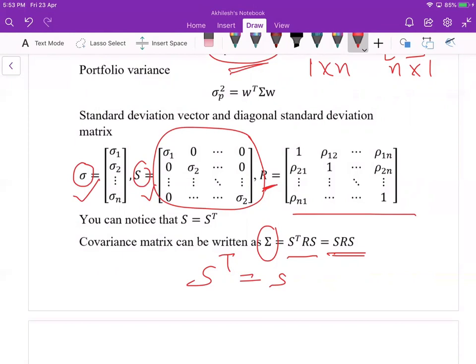So when the individual assets' standard deviations are given in matrix form and the correlation matrix is given, you can find the covariance matrix.